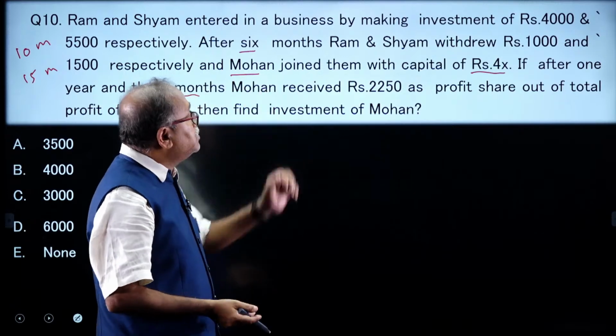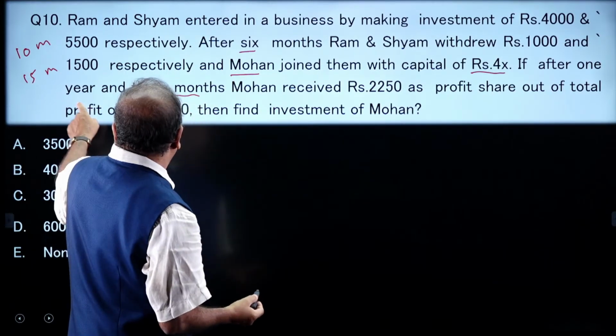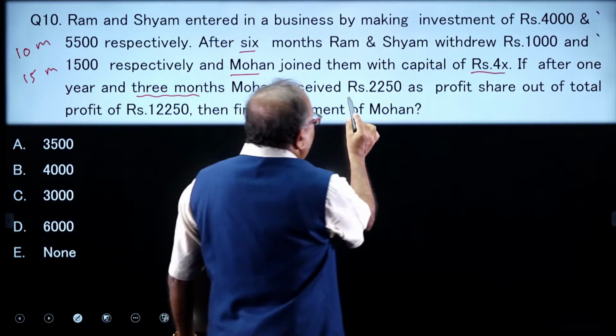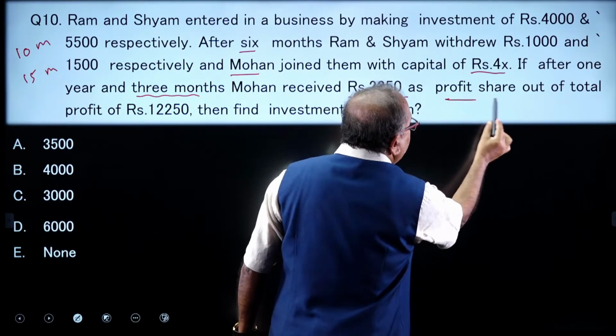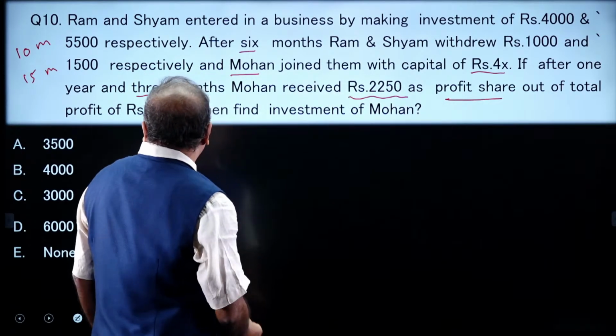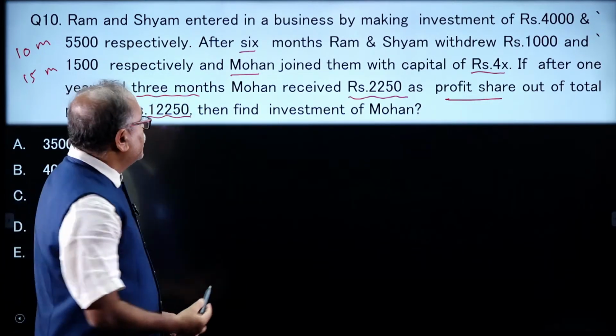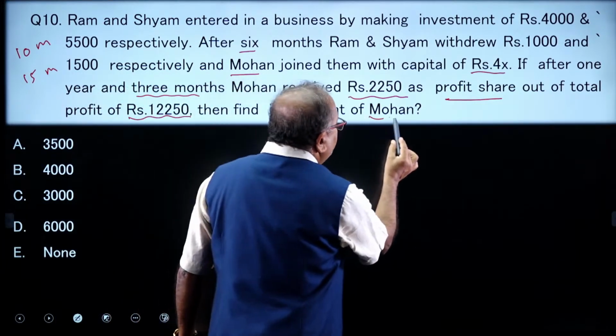So here the time is 15 months. Mohan received this much profit as a profit share out of the total profit of 12,250. Then find the investment of Mohan.